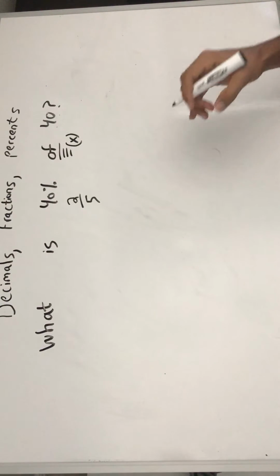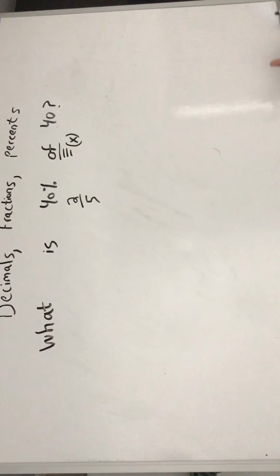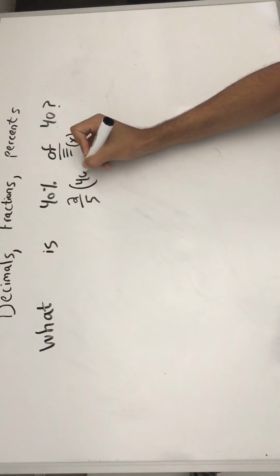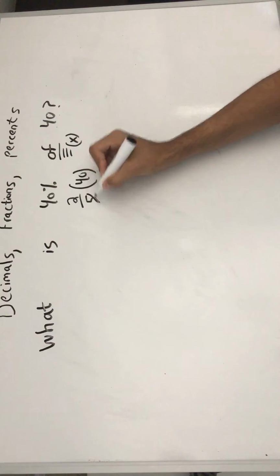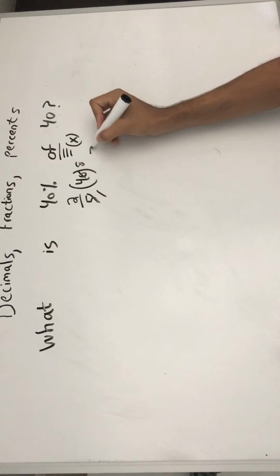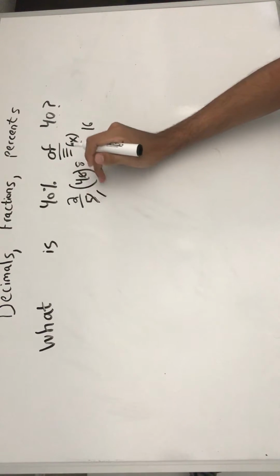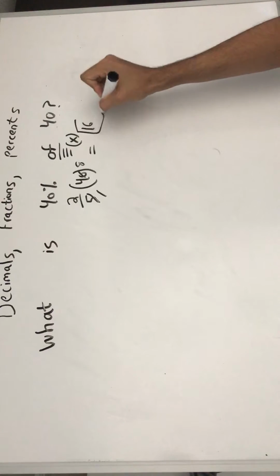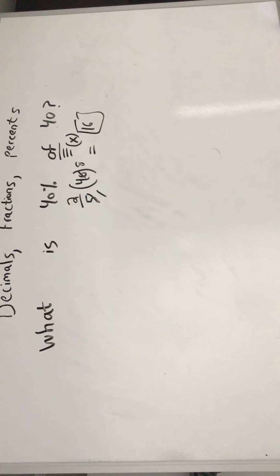So you're multiplying 2/5 by 40. Solving this, we get 16, because 40 divided by 5 is 8, 8 times 2 is 16. So this means that 16 is 40% of 40.